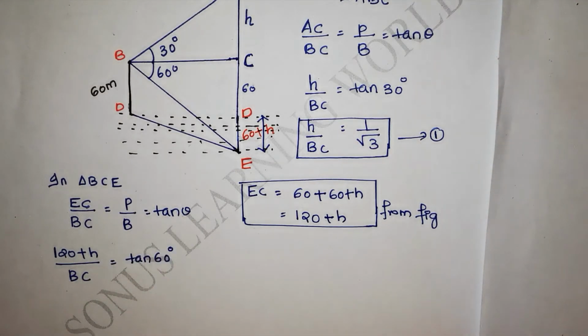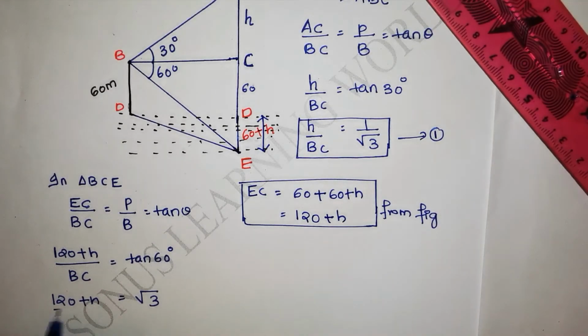So tan 60 degrees is equal to root 3 students. So it is root 3, 120 plus H by BC. So we got two equations. This is our second one from the second triangle.